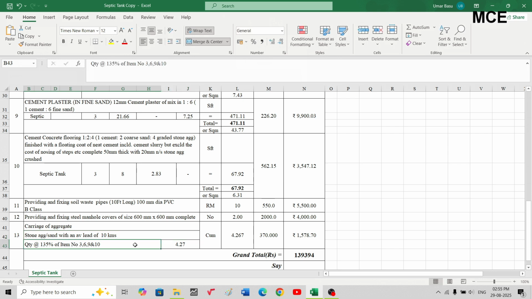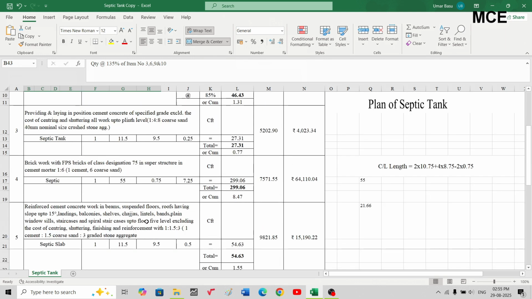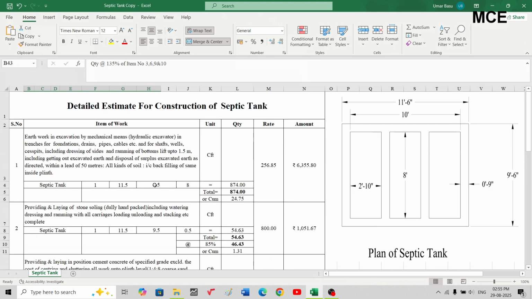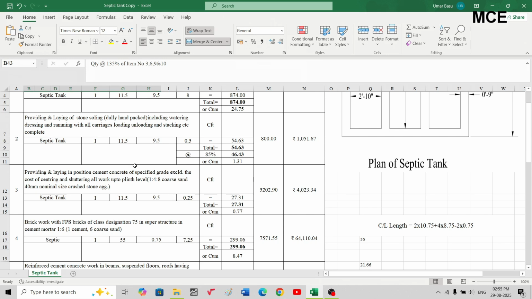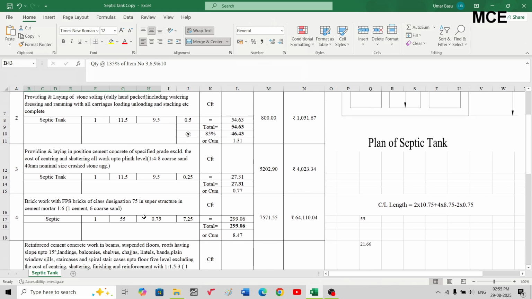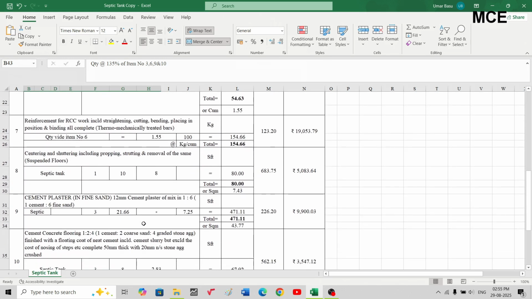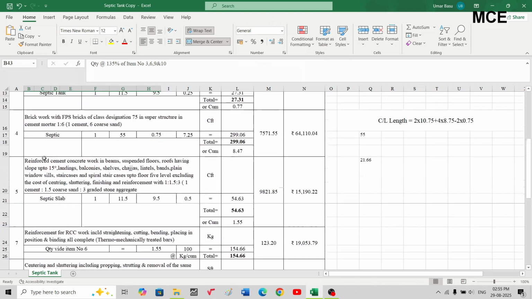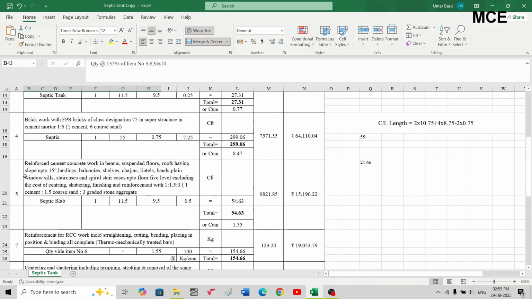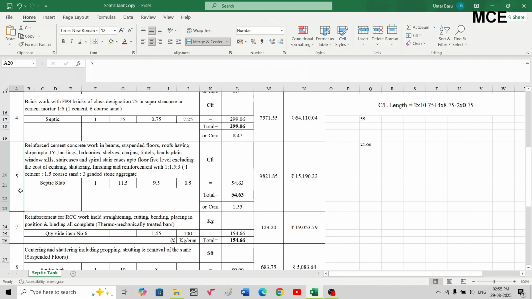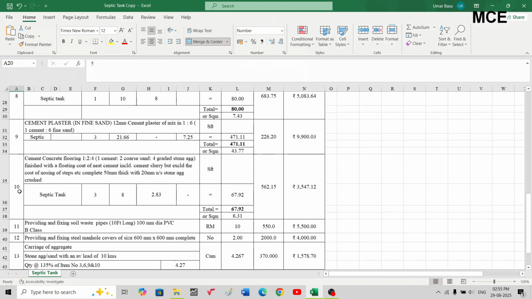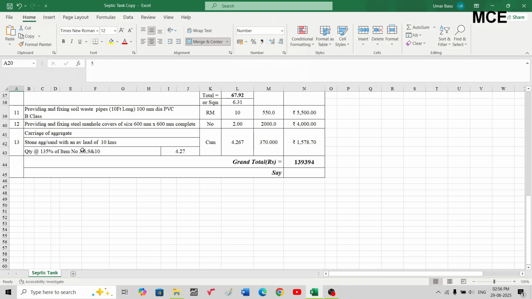We take the quantity for this item as 135% of the cement, sand and stone aggregate which we require for laying of concrete.